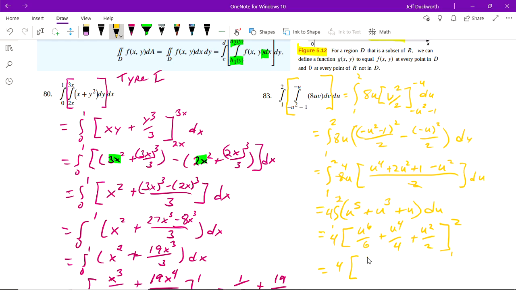So we're looking at 64 sixths, and then we have 16 fourths and 4 halves. And that's minus, and the rest of these will go to 1. So 1 sixth, 1 fourth, and 1 half.